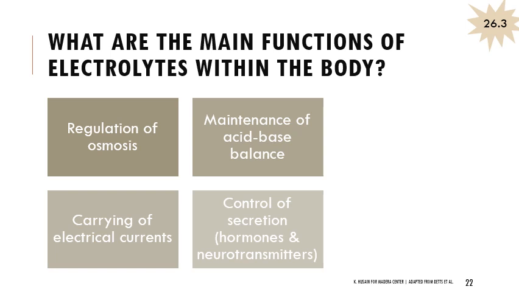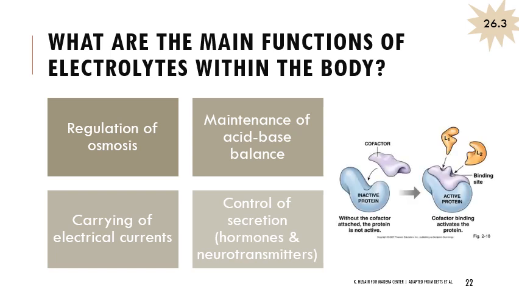They help maintain acid-base balance, especially bicarbonate. They're important for carrying electrical currents, so think about the functions of sodium, potassium, and calcium. And they also control the secretion of hormones and neurotransmitters, especially calcium in terms of neurotransmitters.